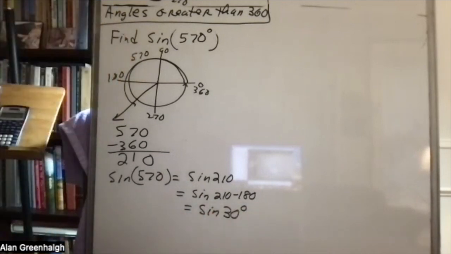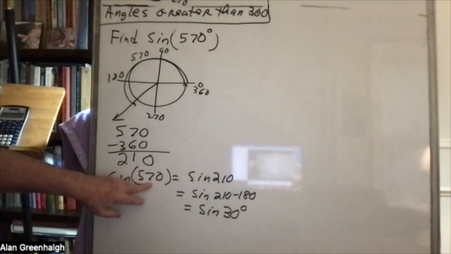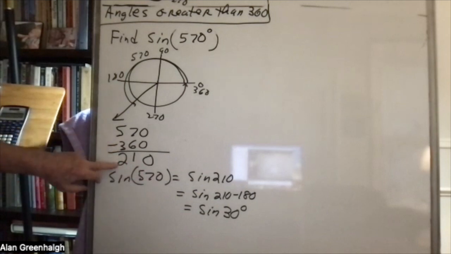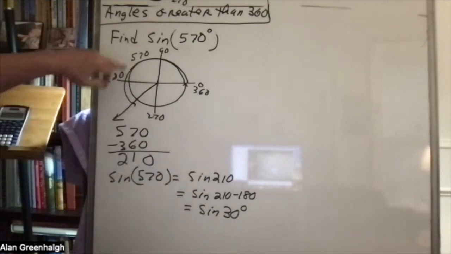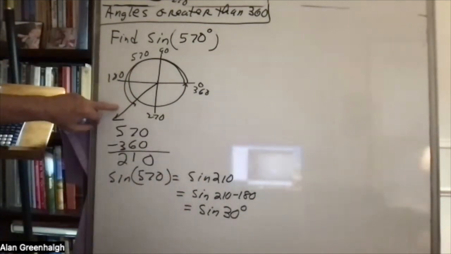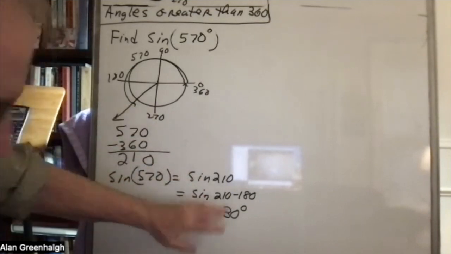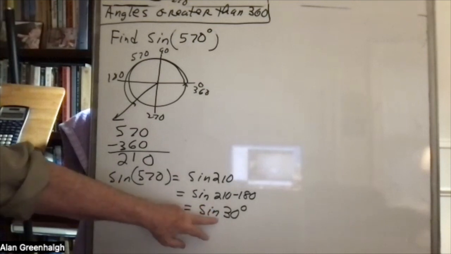There it is. So we started with 570. We subtract 360. We got 210. We then take care of a third quadrant angle, which is to subtract 180, and we wind up with the sine of 30.